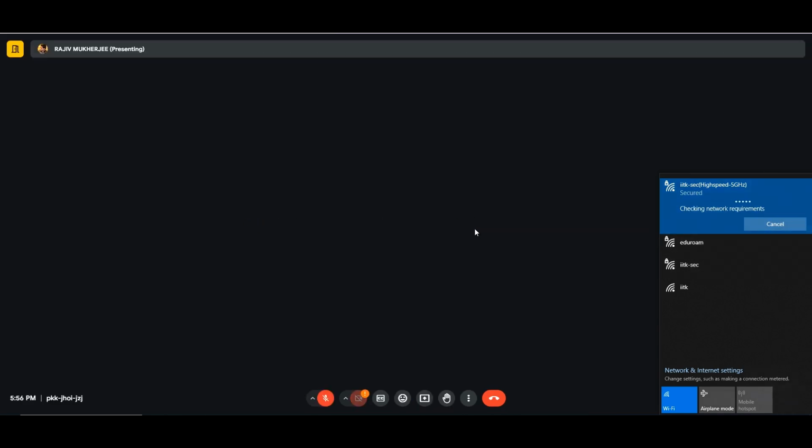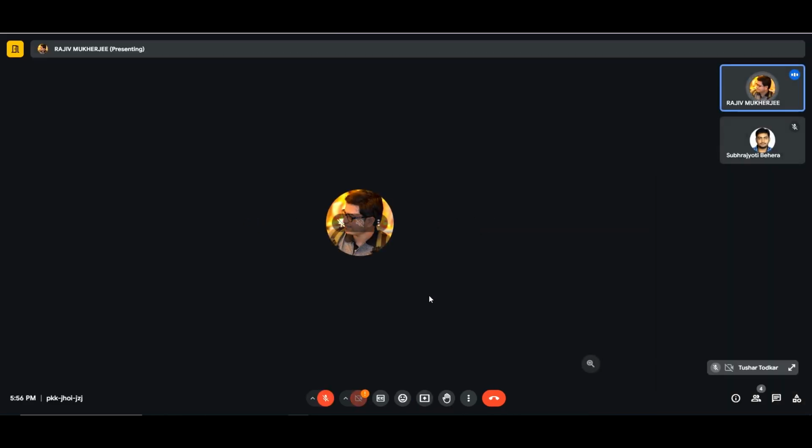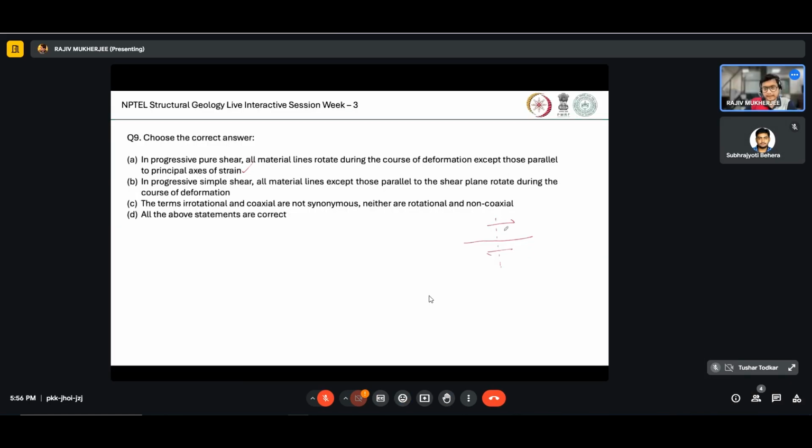In a simple shear, if you place a line like this, eventually the line will rotate like this, because during simple shear any line will rotate in such a way that it will make itself parallel to the shear direction, or in turn the shear plane. So option B is also right.